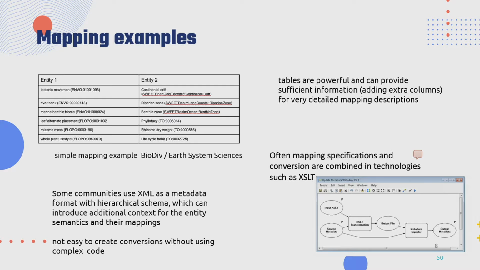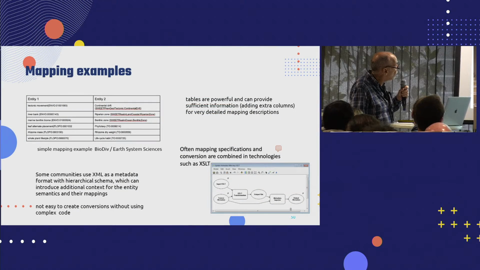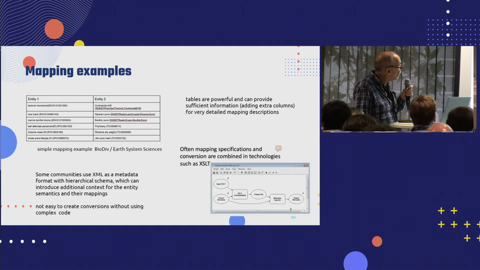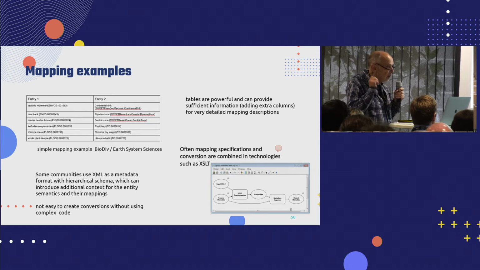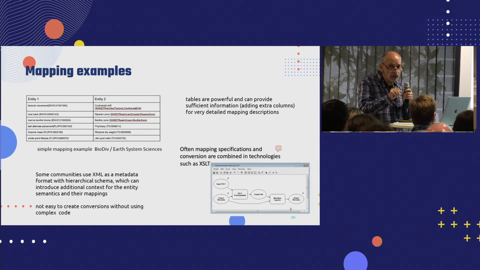Okay. Mapping examples. The most simple example I can come up with is simply a table where you have the concepts that are used in one description system, in one column, next to those in the other description system. And a table like that implies pure equality, right?